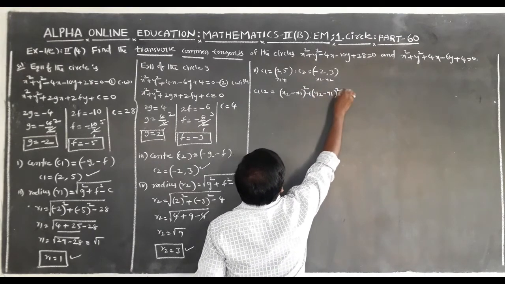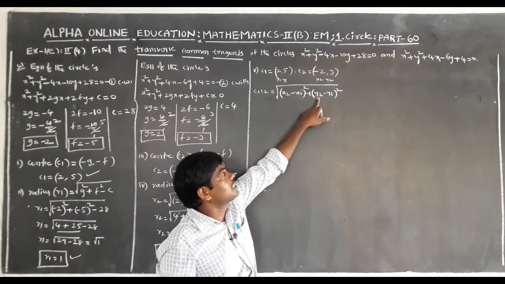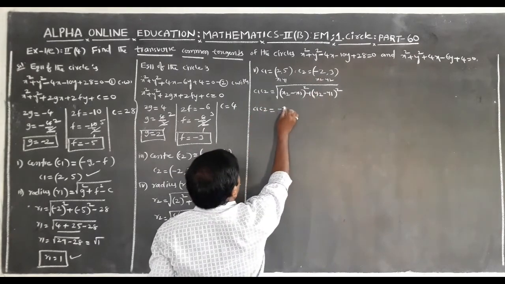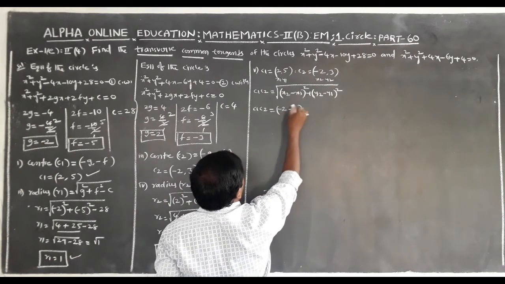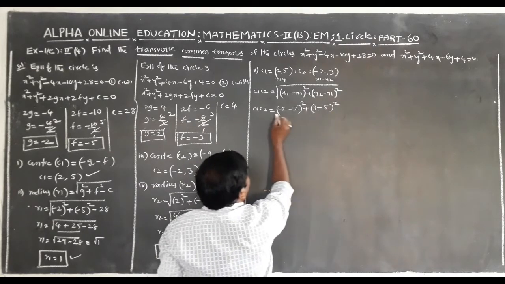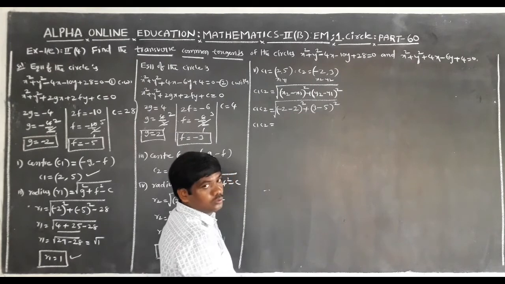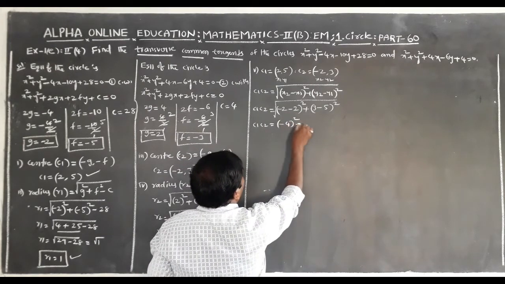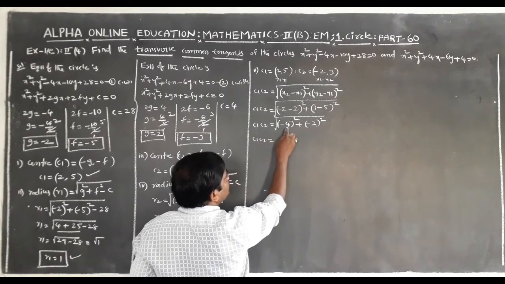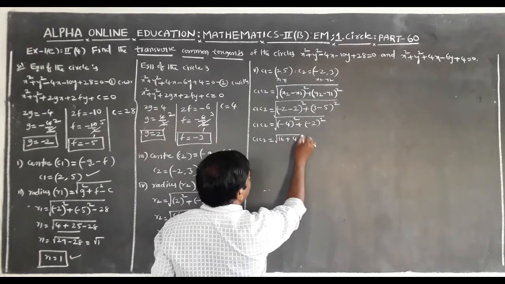The distance formula is the square root of (x2 − x1)² + (y2 − y1)². C1C2 is equal to the root of (−2 − 2)² + (3 − 5)², which is (−4)² plus (−2)², that is 16 plus 4.